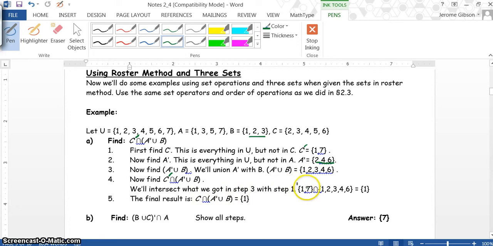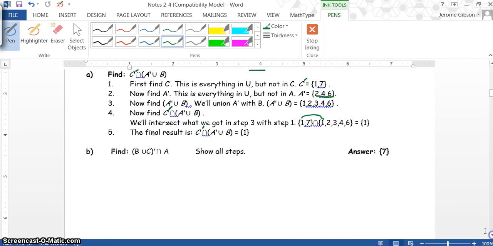C complement is 1, 7, intersect A complement union B, which is 1, 2, 3, 4, 6. The only thing they have in common is 1. So that is their intersection, just 1. The final result is C complement intersect A complement union B is equal to the set of 1.